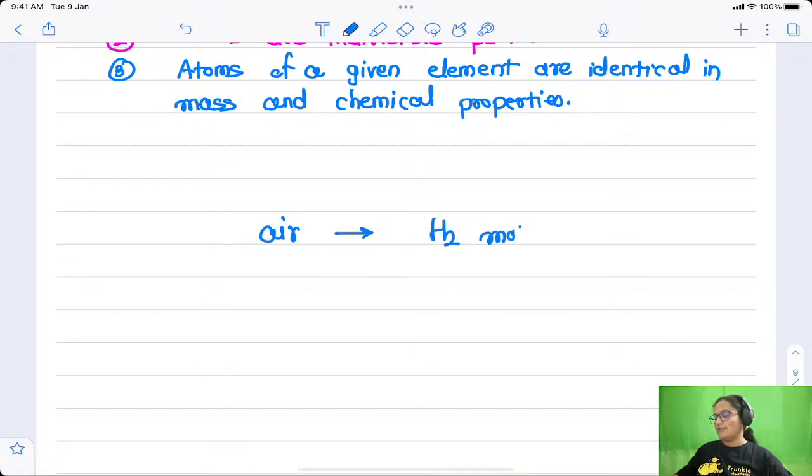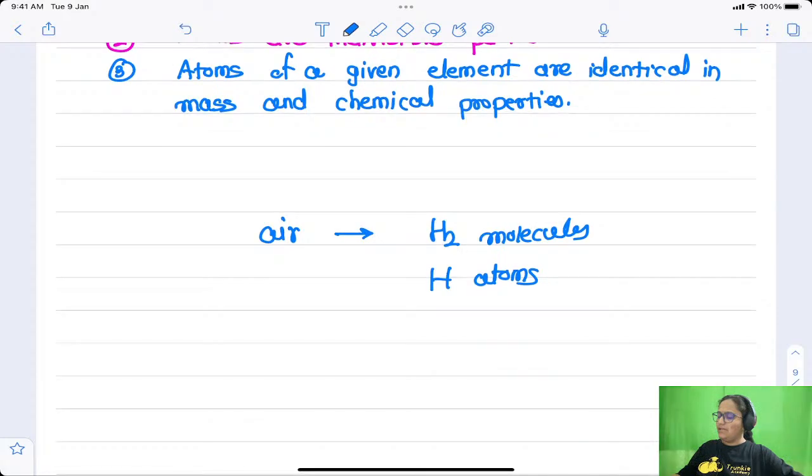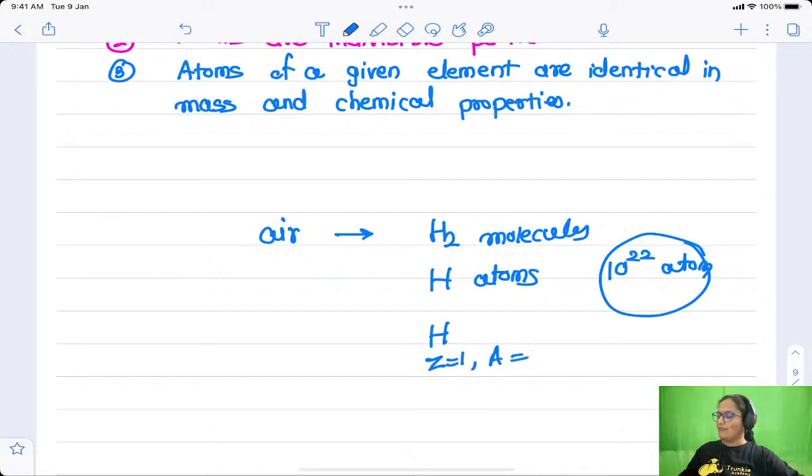N number of hydrogen molecules will be there, and all of them will be made up of hydrogen atoms. Let us assume there are 10^22 atoms of hydrogen in that particular sample. Just an assumption. All these atoms will have the same mass, that is atomic number 1 and atomic mass equal to 1, and they have the same chemical properties.